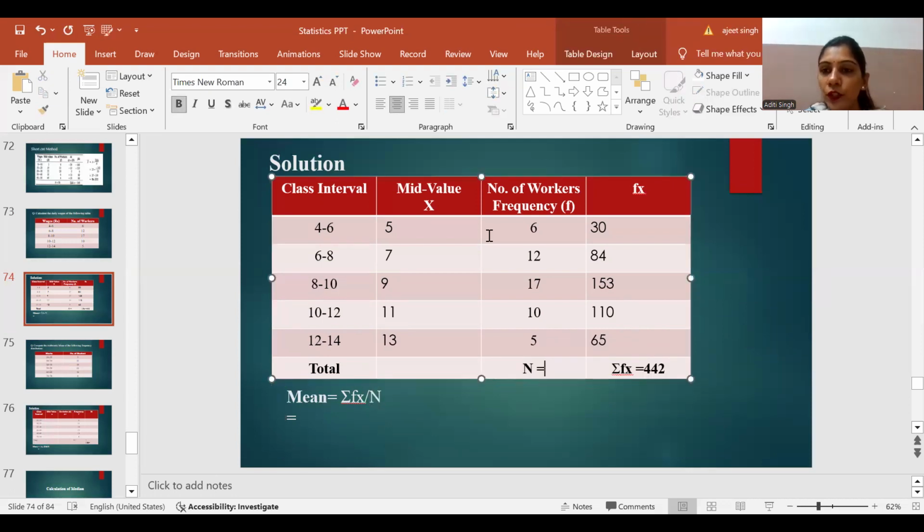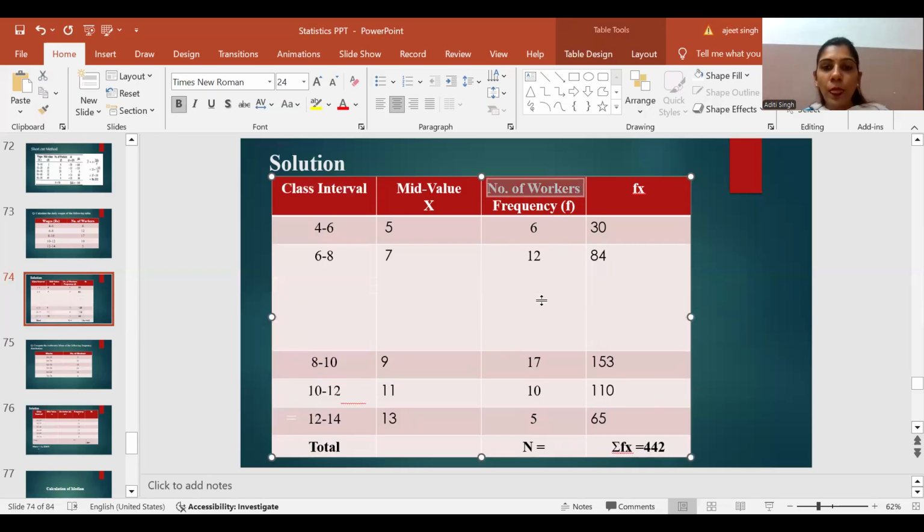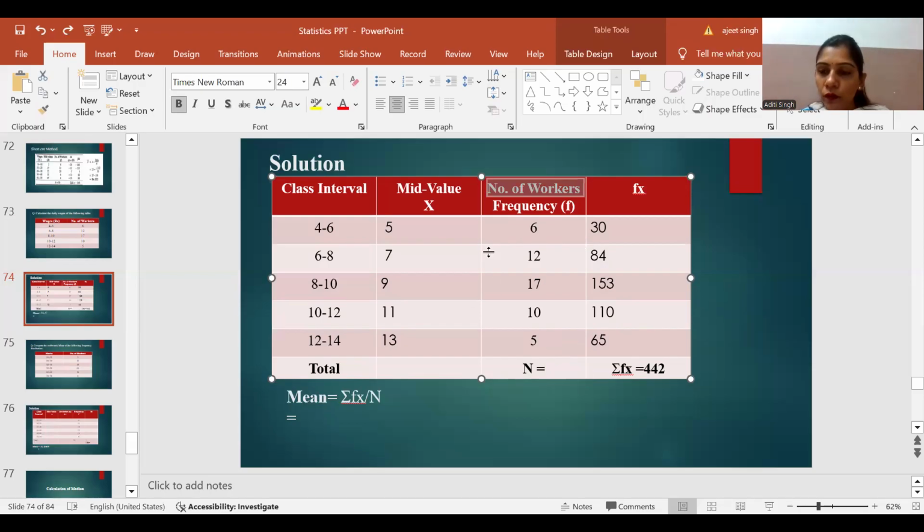This n, the total number of items, we get from the frequency, which means the total number of workers. The class interval is wages, and the frequency is the number of workers. So we add all the frequency values, 6 plus 12 plus 17 plus 10 plus 5, and the value is 50.